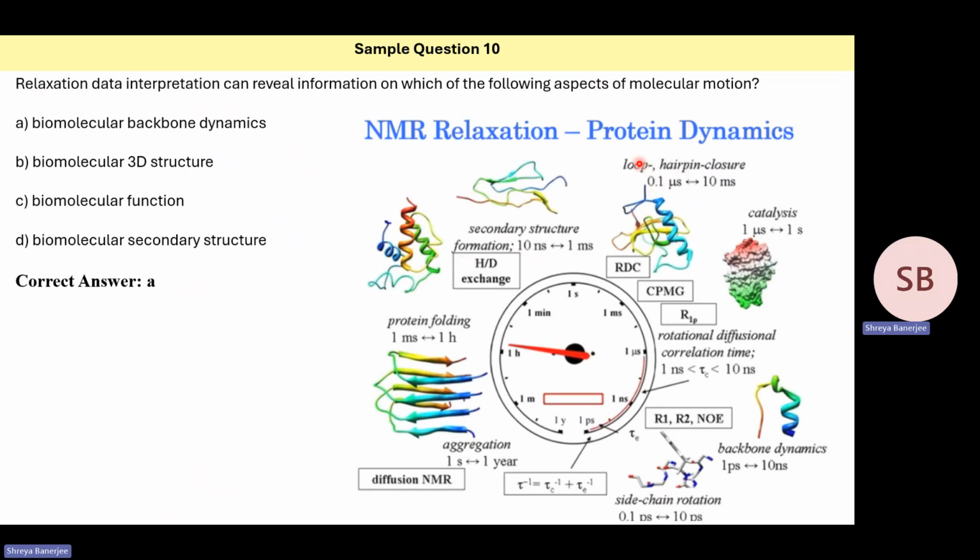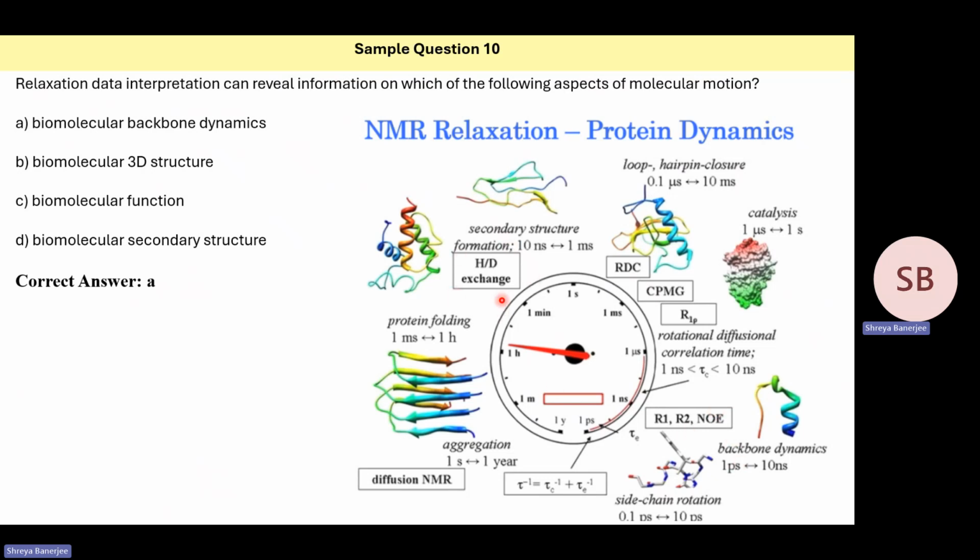If it's something like a loop or hairpin closure, then you will need to do RDC or CPMG experiments. If it is of a time scale that is even faster, like only the movement of the backbone or a side chain, then you will need to do R1, R2 relaxation experiments or NOE experiments.